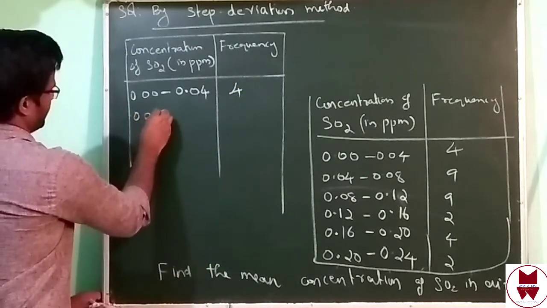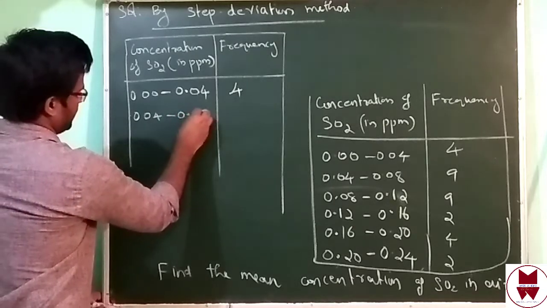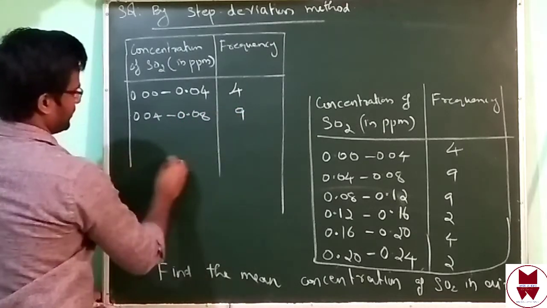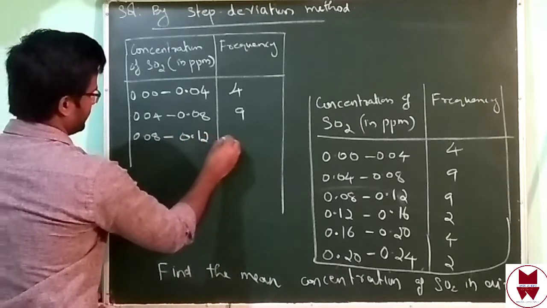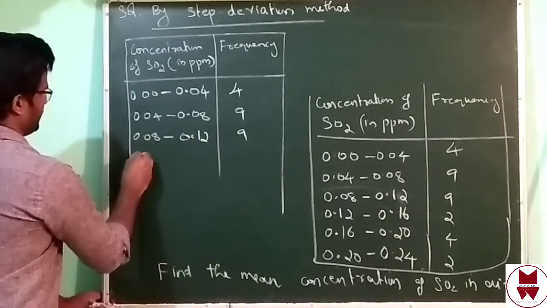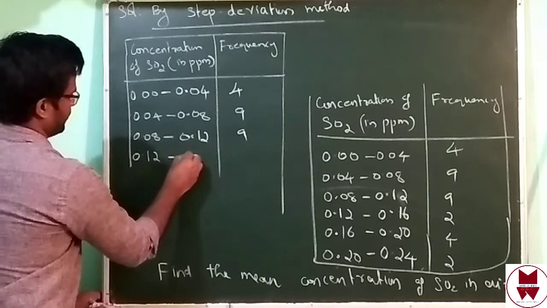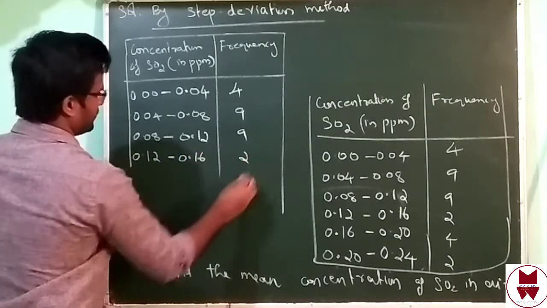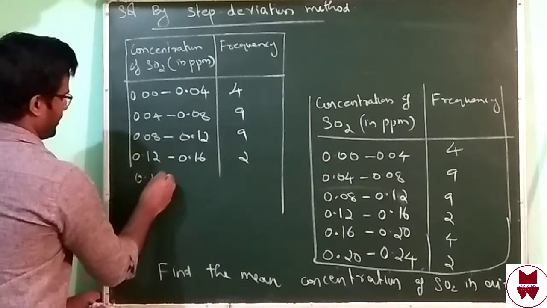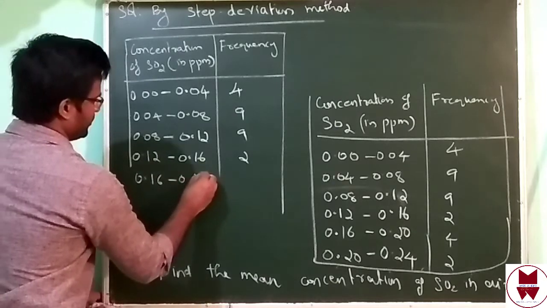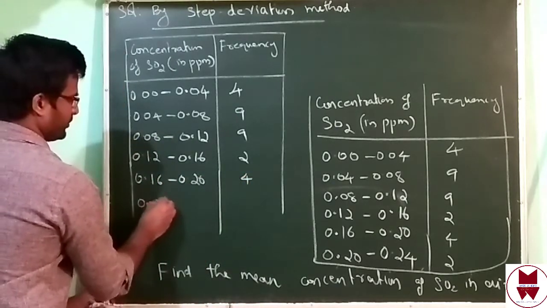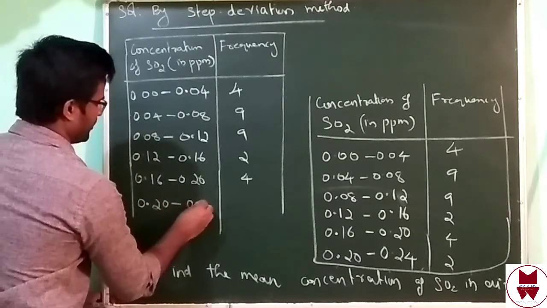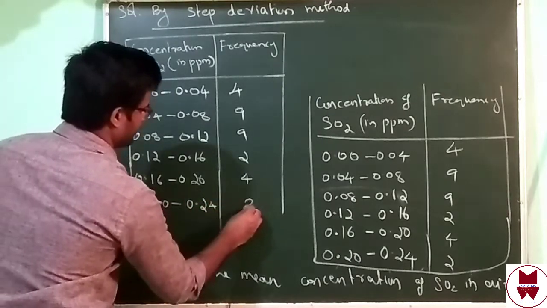Then 0.04 to 0.08, frequency is 9. 0.08 to 0.12, 9. 0.12 to 0.16, 2. 0.16 to 0.20, 0.20 to 0.24.